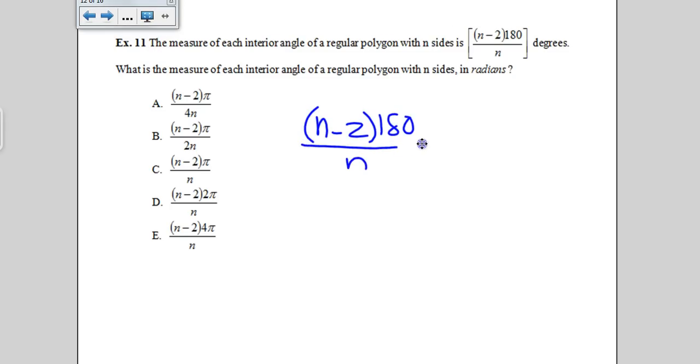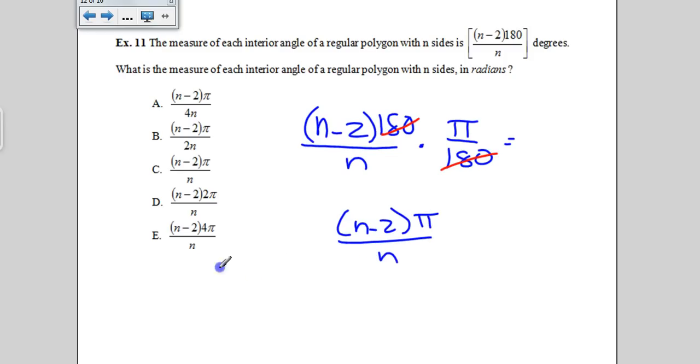And to convert everything to radians, remember we multiply by pi over 180. At the very least, I should notice that the 180s are going to cancel, and nothing else really cancels. So my answer is going to be n minus 2, there's still a pi up there, and all that's going to be divided by n. Looking at my answers, it looks like C is the correct answer.